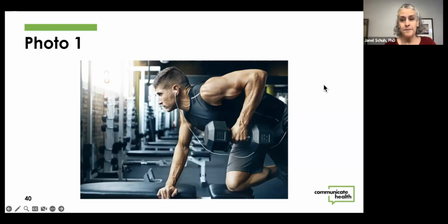Location, age, body type. Yeah, sometimes people don't feel comfortable working out in front of others. So really thinking about what you're trying to get out of your communication and figuring out what image or other visual would make the most sense to support that communication goal.